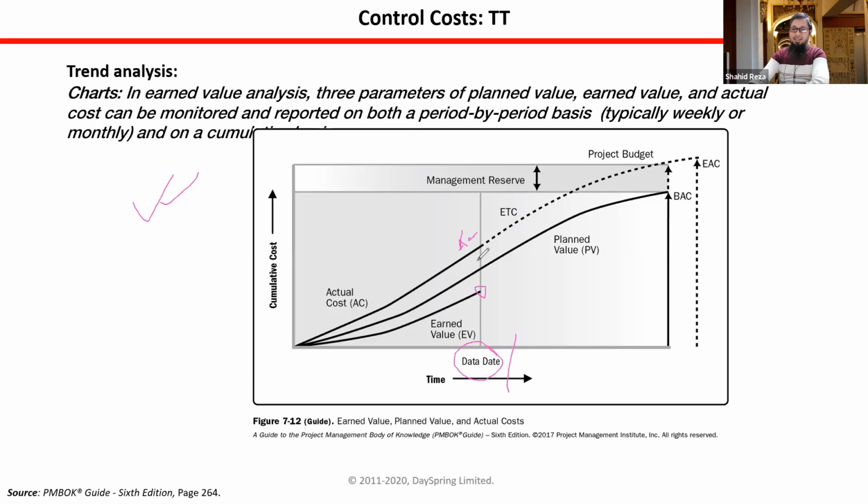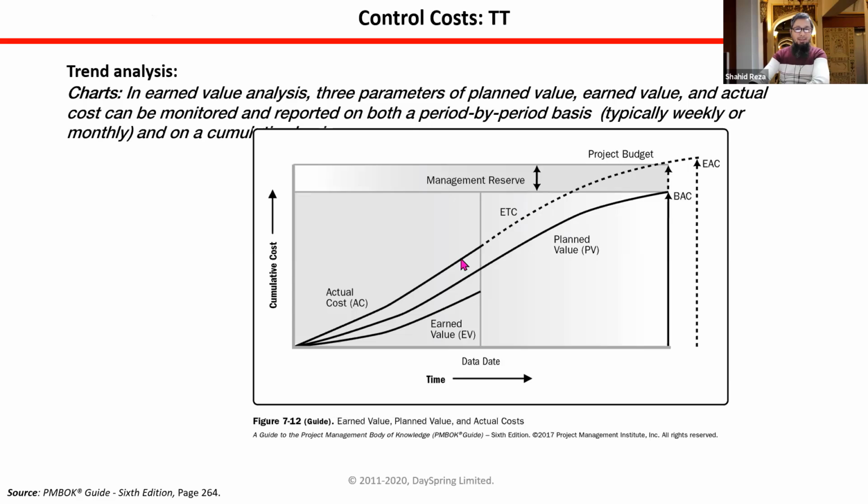If the earned value is the lowest bar in the graph and the other two are above it, that means the project is doing badly in terms of cost and in terms of schedule.